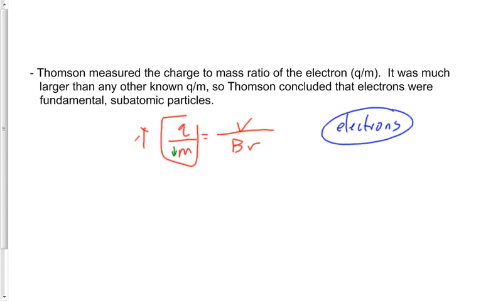But it was the first time that we had the acknowledgement of something smaller than the atom. Something accurate. The electrons smaller than the atom. He just didn't know what was happening inside the atom with these electrons, just that they were there somewhere. So he said they're floating around in a sea of positive charge, but didn't really know.